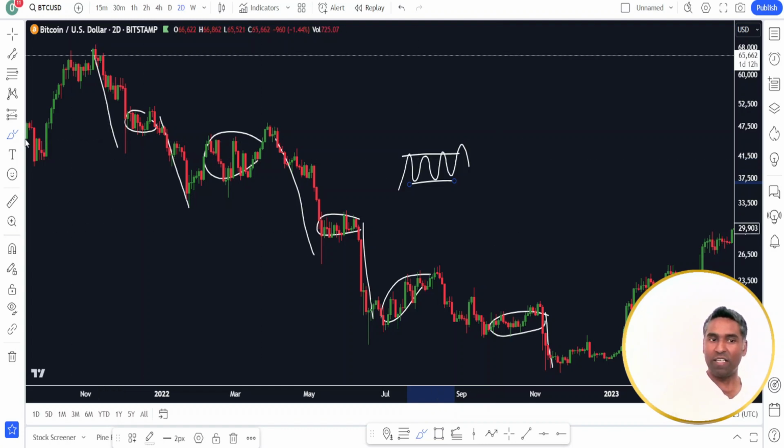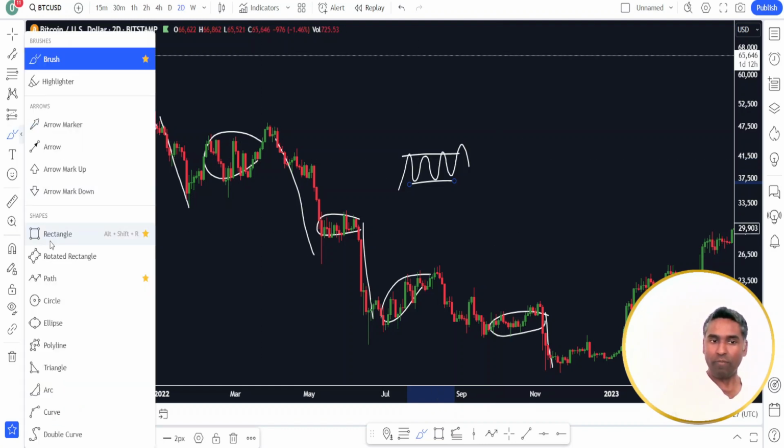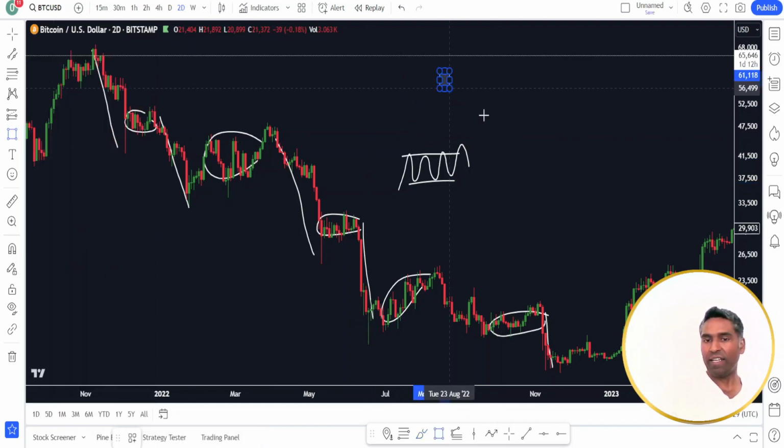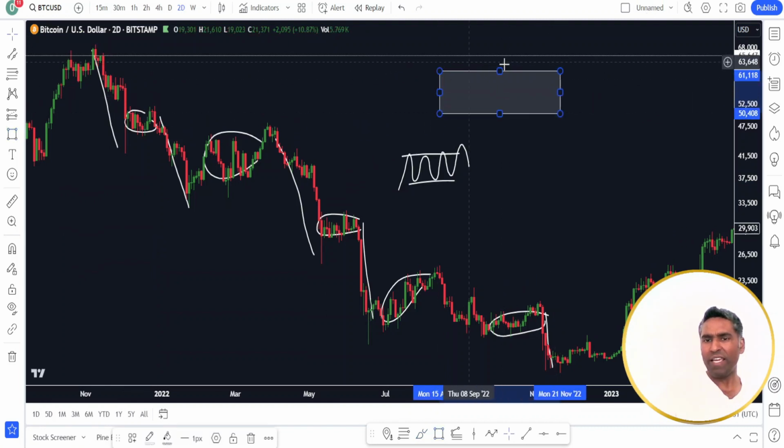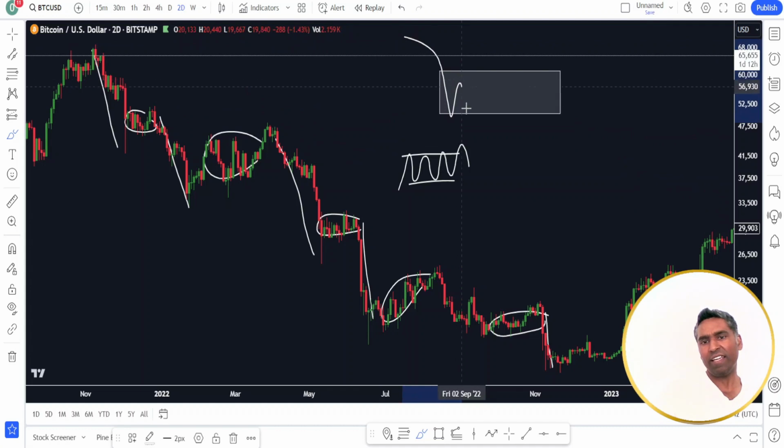The first one is the rectangle. What is a rectangle? It is simply when we put the movement of the prices inside a rectangle. For example, the price was coming down and then it started to slow down. But how does it slow down?